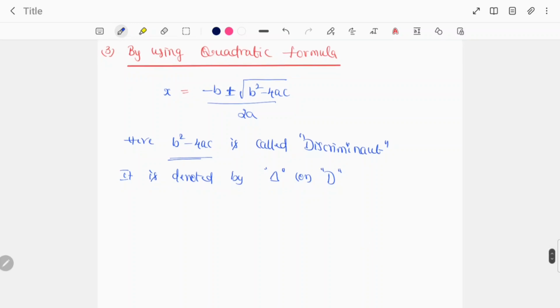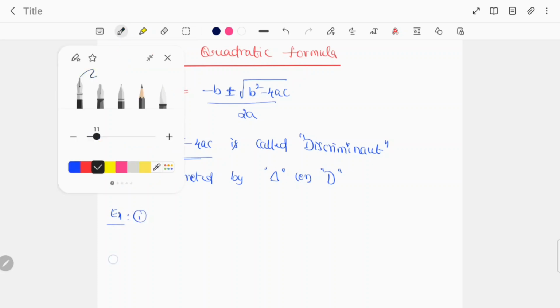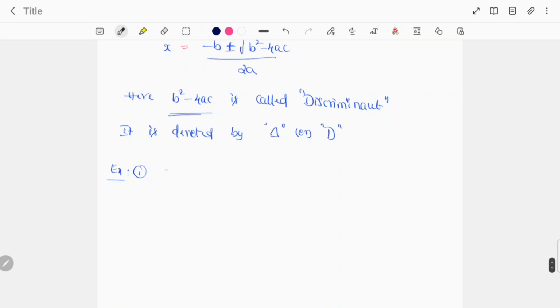Now going to one question, I am taking one question. By using the quadratic formula method we will see what the answer is. So example 1. Find the roots of x² + 4x + 3 = 0 by using the quadratic formula method.